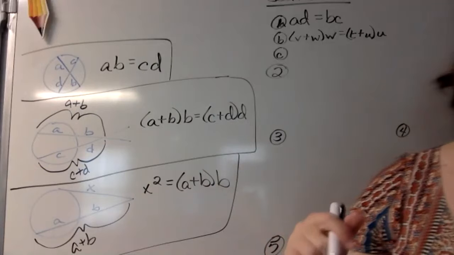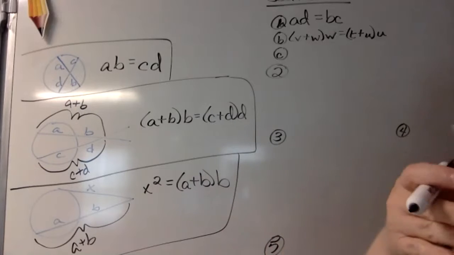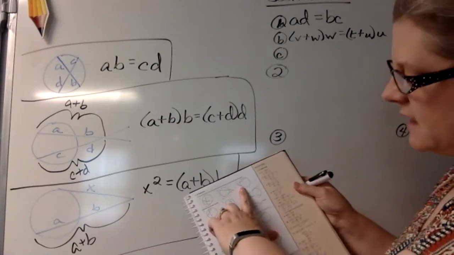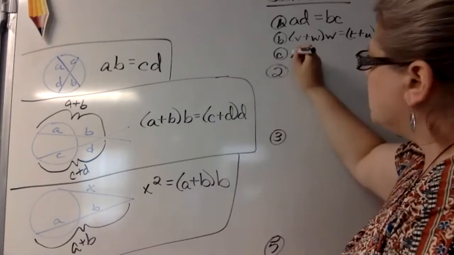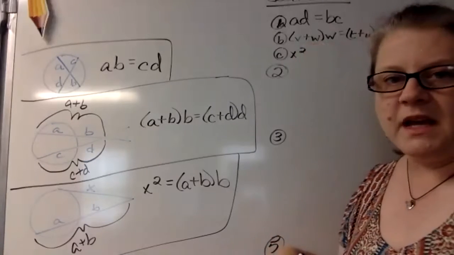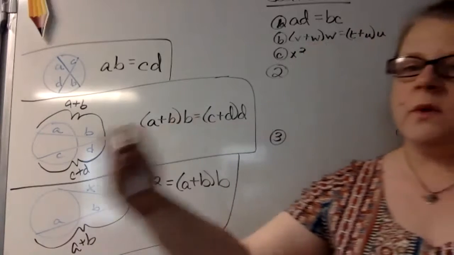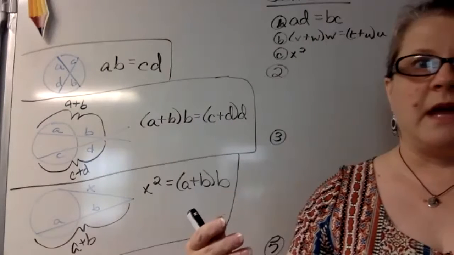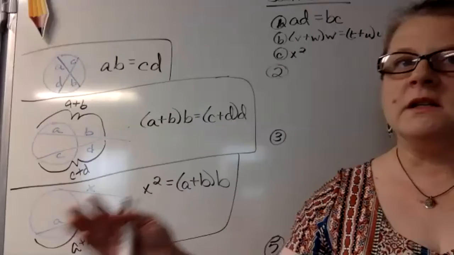On that one, remember, the tangent is the one that's out here just by itself. So my tangent is the x squared. I always put the tangent one first, but it doesn't matter, because you can switch what's on either side of your equal sign and it's still equal. That's the reflexive property.